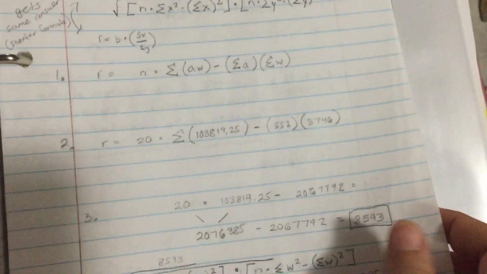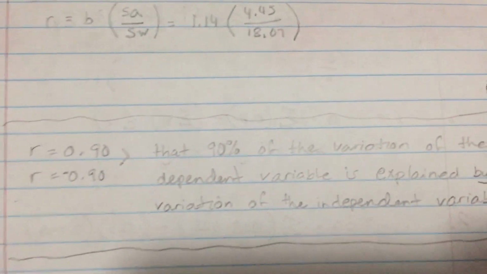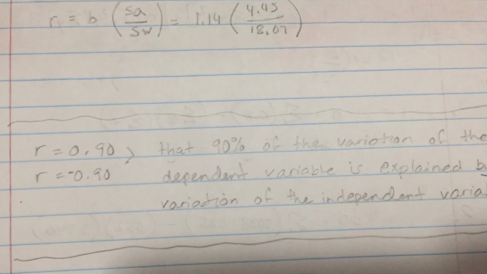Let me see if I can go over any of the other notes that were important. Okay, here. R equals 0.90 in the positive, right?